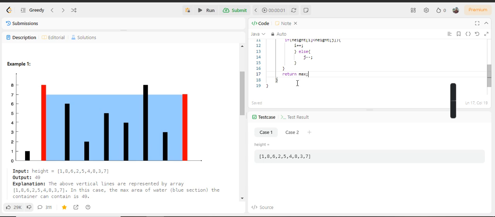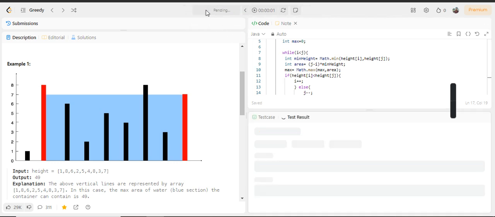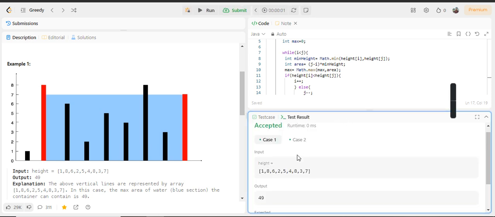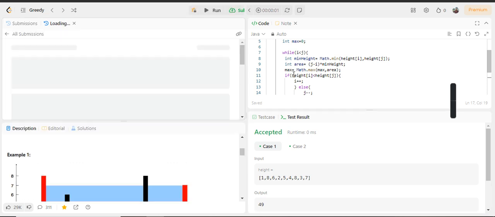So this will give the maximum area that we can have. Let's see if it is calculated correctly. Okay, this one is correct. Now let's submit it. Okay, so we got the answer.